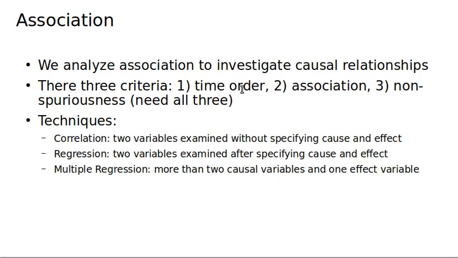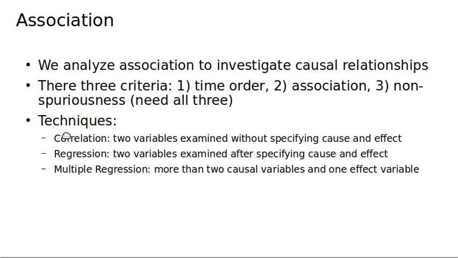A lot of research really does a poor job of dealing with time order because it's really difficult to collect good longitudinal data. And the techniques for longitudinal analysis are a little more complex than we're able to get into in this course. We did learn a little bit about non-spuriousness and how to handle that with our statistical techniques.